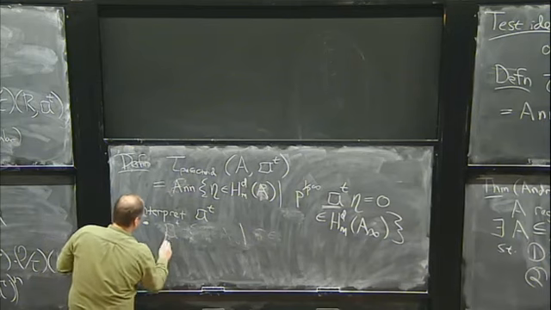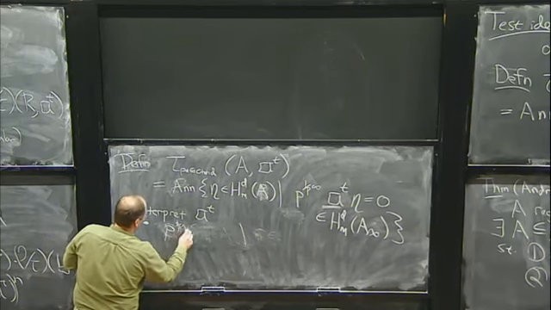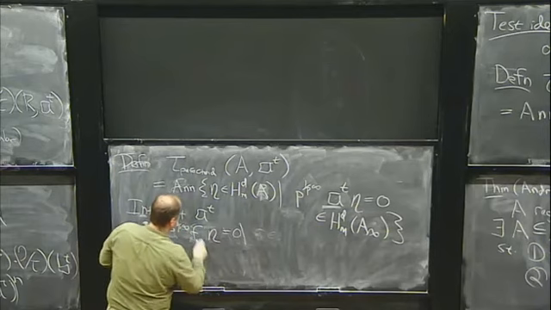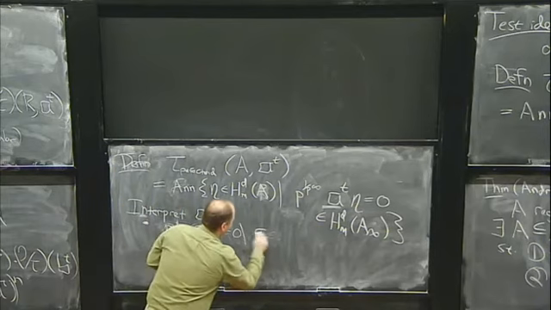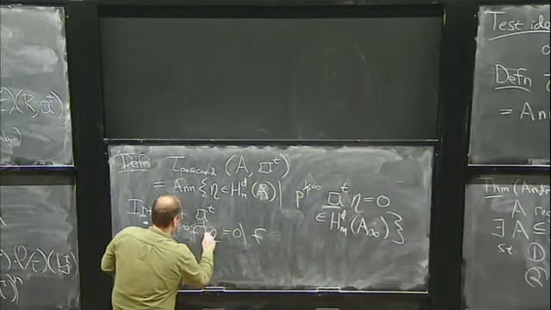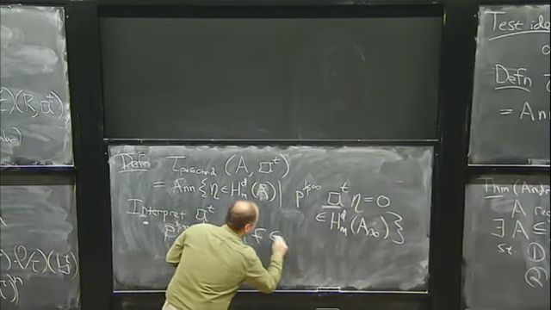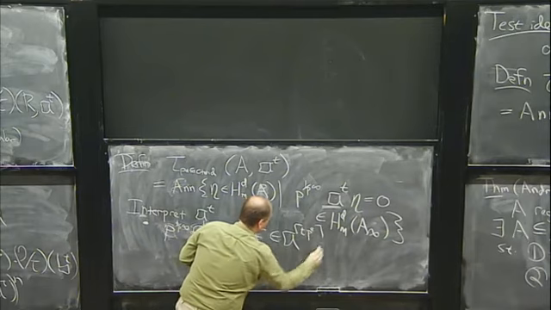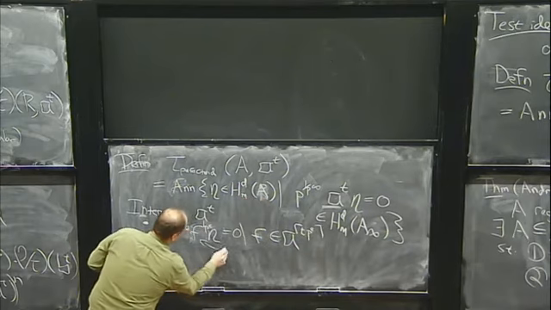So let me write it this way. It's p to the 1 over p infinity times f times eta equals 0. So I'm just going to explain what this is, where f to the 1 over p to the e, where f is in a to the t p to the e, and this is part of a compatible system of roots.